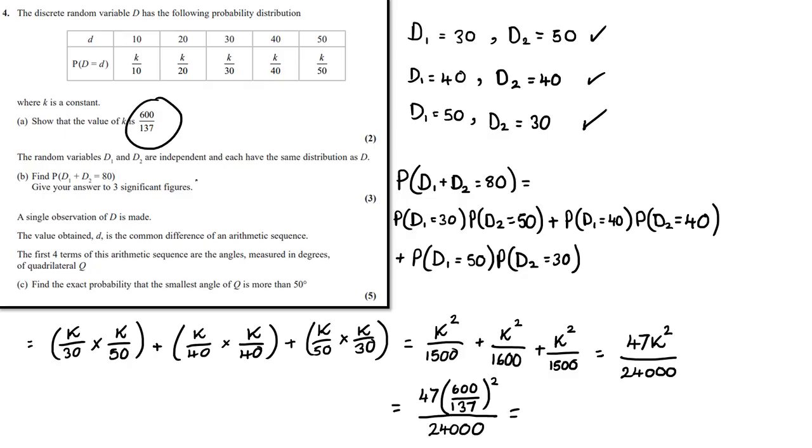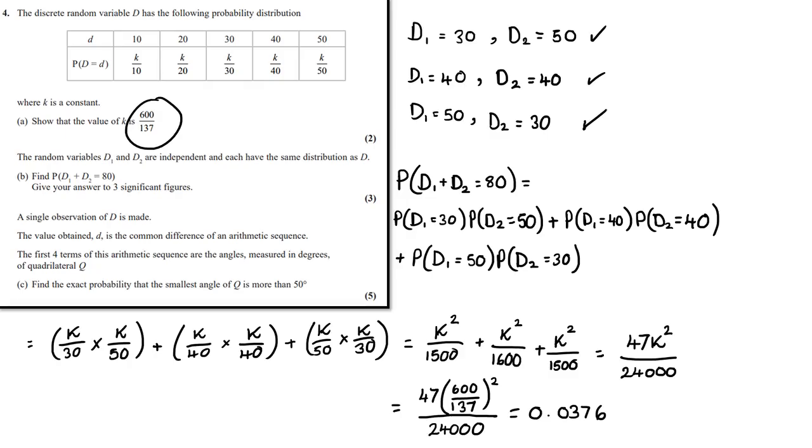Now notice the answer should be given to 3 significant figures, this probability. So you put this into your calculator and then find that value. What you should get here to 3 significant figures is 0.0376. Okay? And there we have it. So that gets us the solutions part B and the 3 marks there.